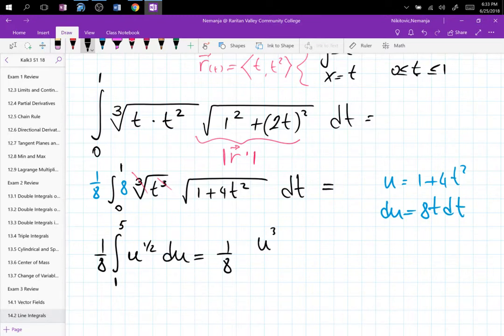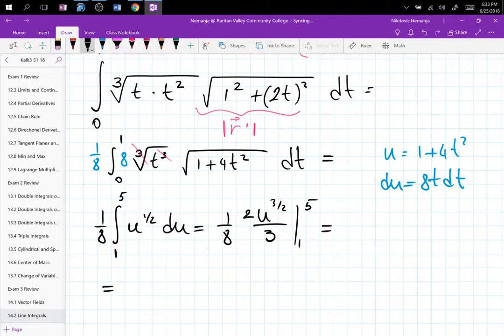That's going to be u to the 3/2 divided by the 3/2 from 1 to 5, and this cancels, so 1/12 u to the 3/2 computed from 1 to 5. So we have 1/12, plug in 5, we have 5 to the 3/2.